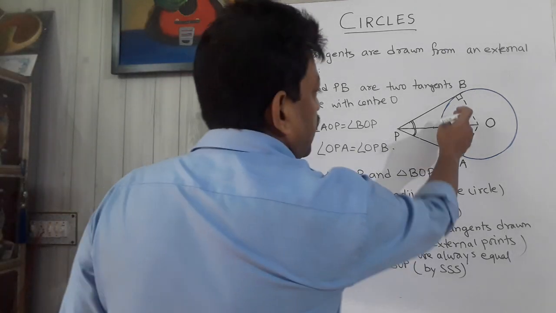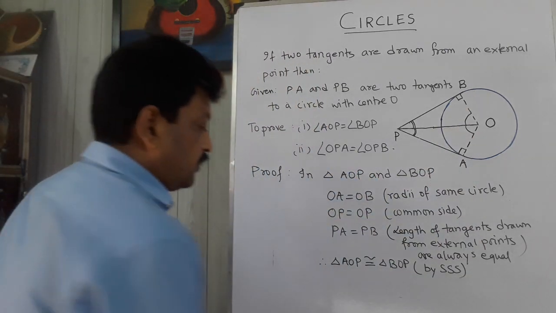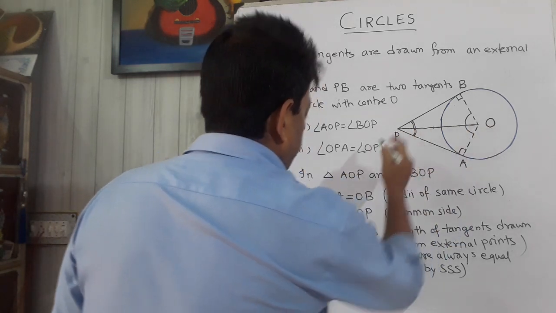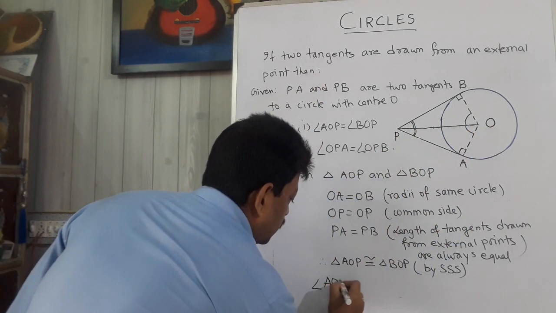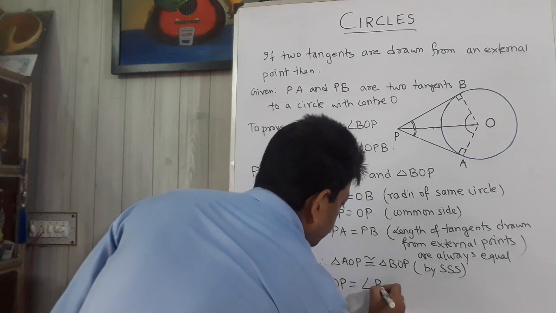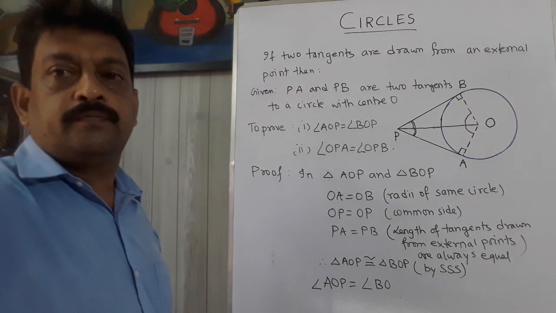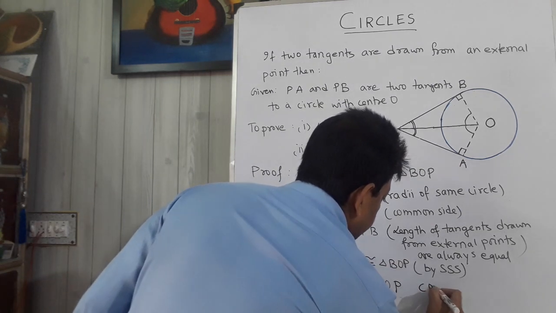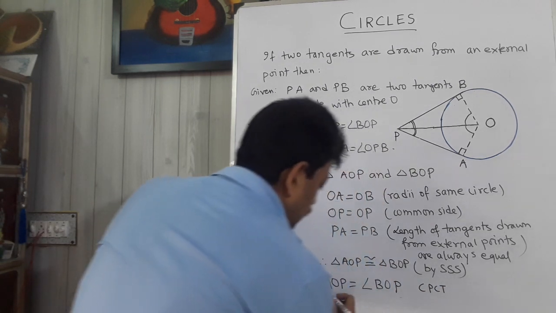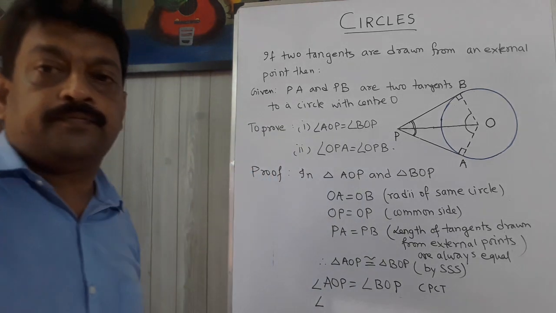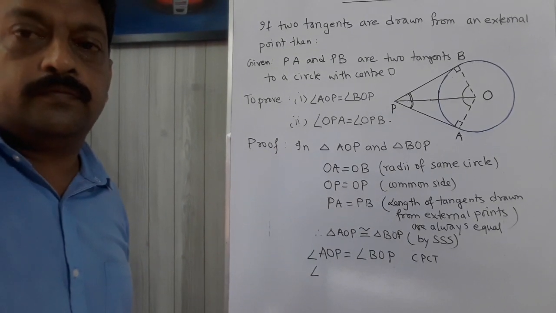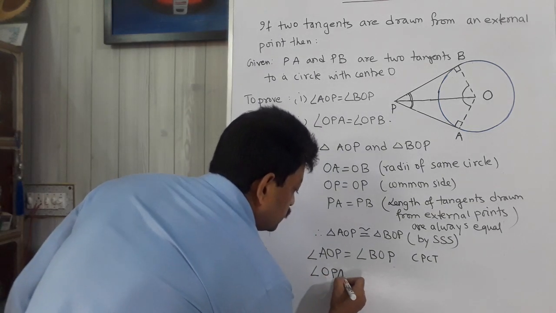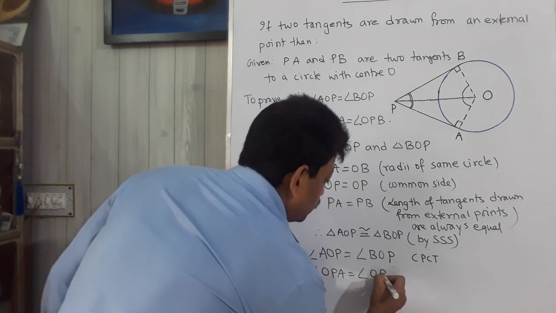Now, since these two triangles are congruent, by CPCT we can write angle AOP equals angle BOP, and angle OPA equals angle OPB.